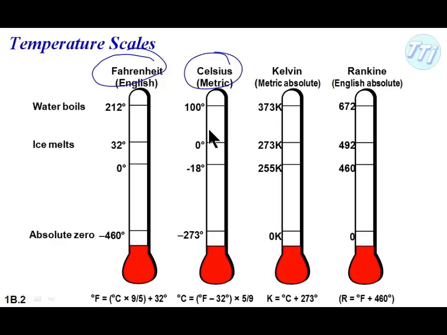For example, Celsius, 0 degrees C at sea level atmospheric conditions is where pure water freezes, and 100 degrees C is where it boils. In contrast, for the Kelvin and Rankine scales, these are the absolute temperature scales, their foundation of 0 is absolute 0, where energy and motion cease in matter, and it's never been achieved, although different techniques have been used to get down to extremely cold temperatures, very close.